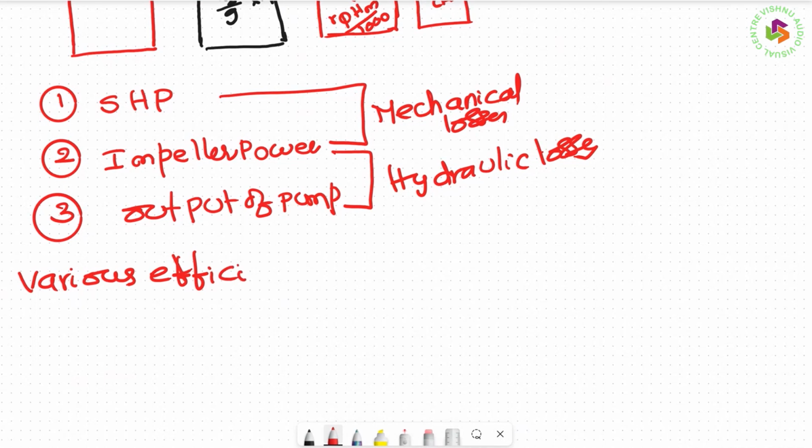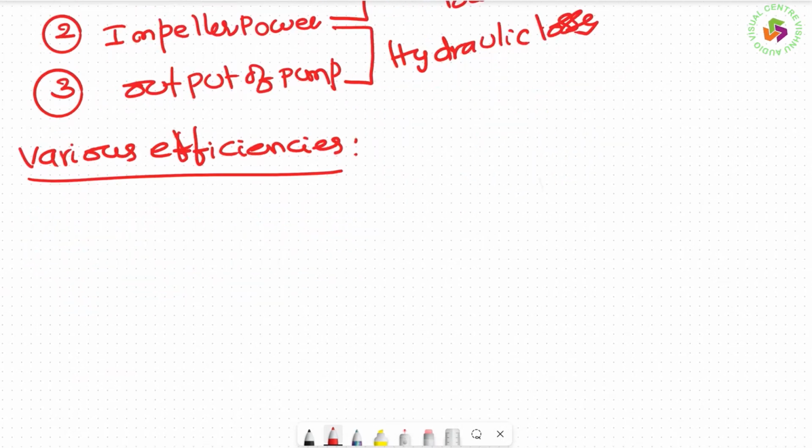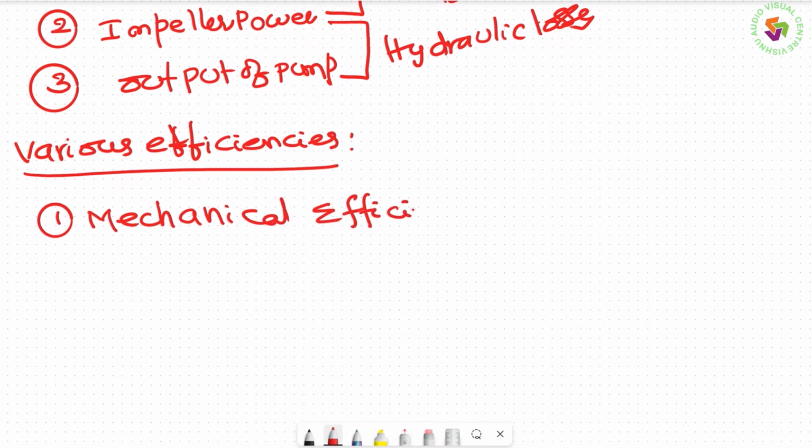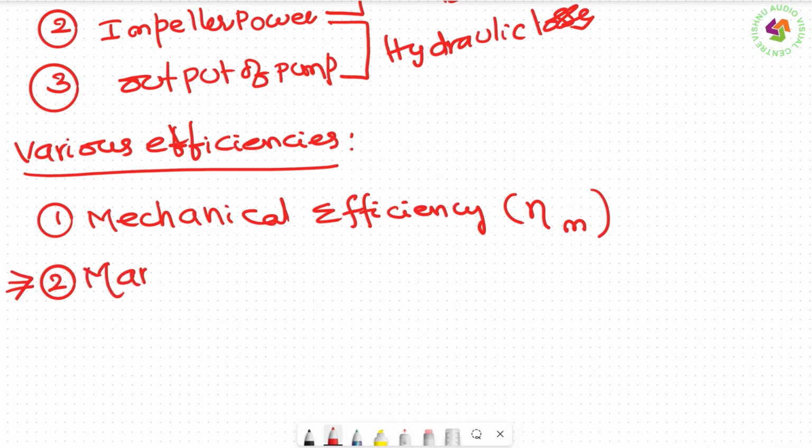Various efficiencies in the case of a centrifugal pump are: number one is mechanical efficiency. In the same order I will write mechanical efficiency. Second one, which is very important for us, is manometric efficiency.